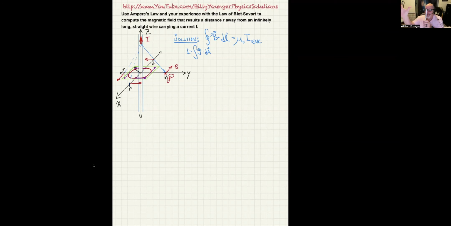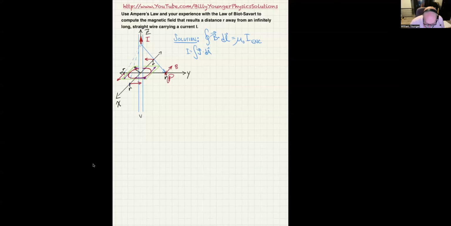So if you take your right hand and lay your right thumb in the direction of that current, you curl your fingers around the wire, and then you can look as you're doing now from above as if the current is headed right towards your forehead, and you see that the fingers curl around the wire in a counterclockwise direction. That's what I'm showing with that round circle. There's the counterclockwise direction at each point on that circle, which looks like an oval from this perspective, but it's a circle. But at each point on that circle, we would expect the magnetic field to be tangential to the circle at that point.